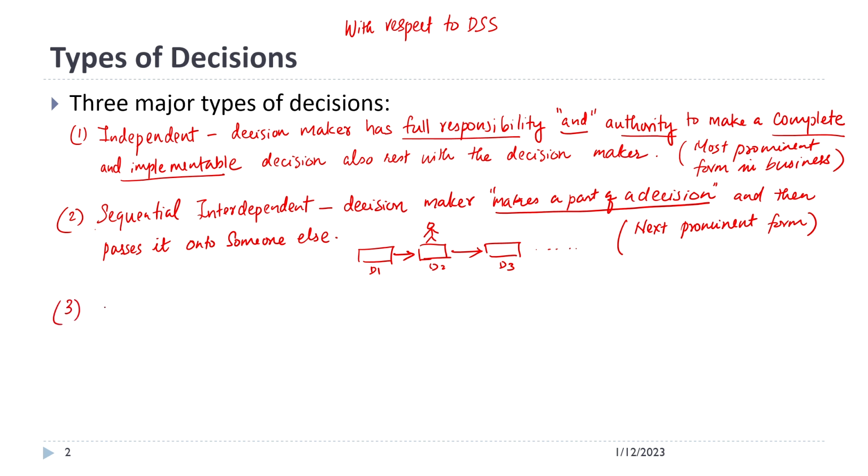Then comes the third one, which we call pooled interdependent.